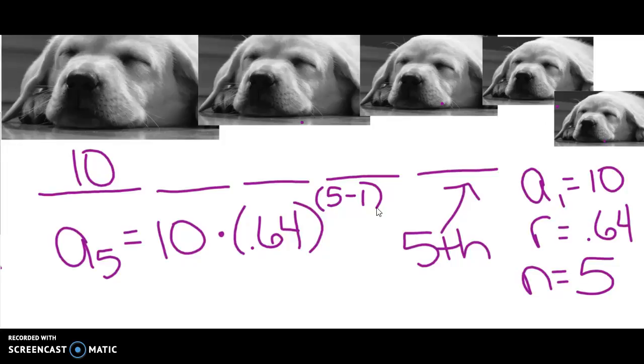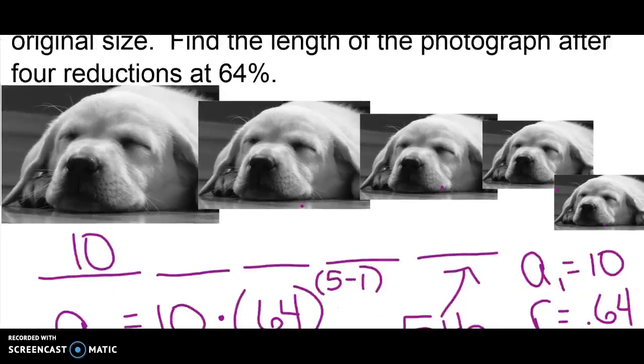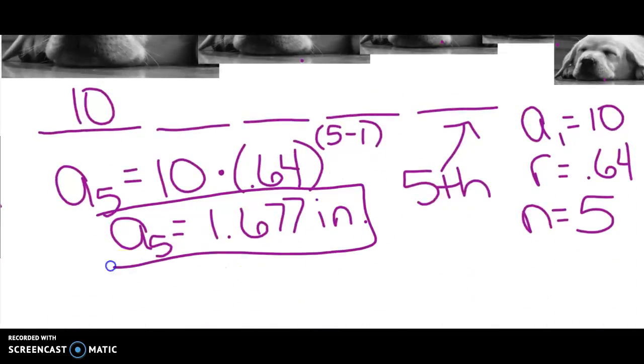Okay, so I got something a little bit more realistic. Our 5th copy is going to be 1.677, and I'm going to guess inches because the original started out in inches. So that's using those formulas to find those ratios.